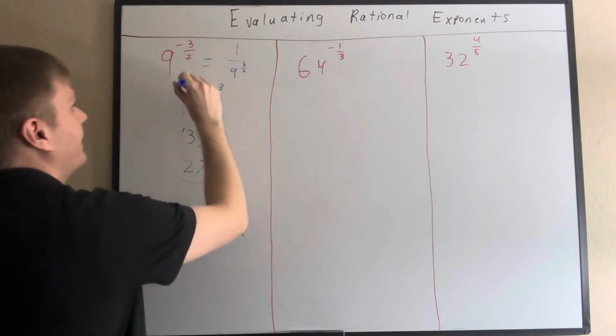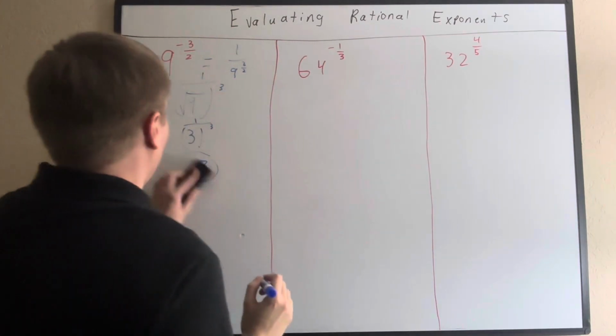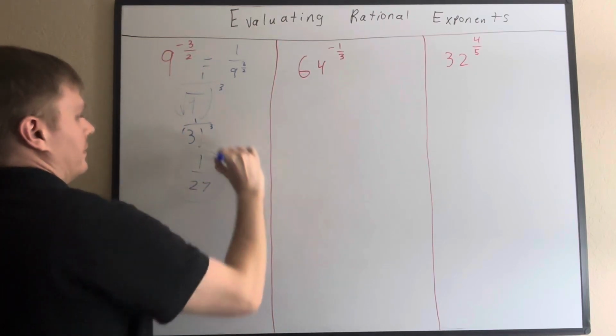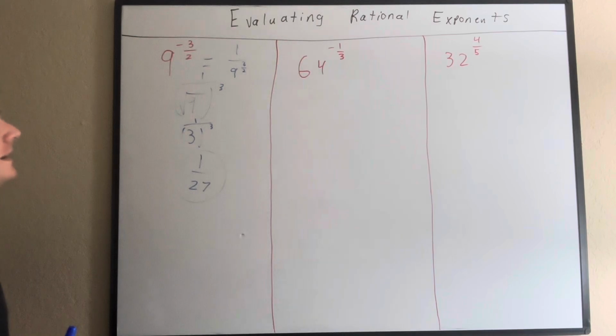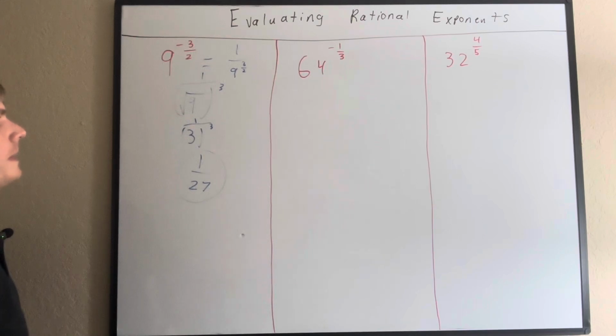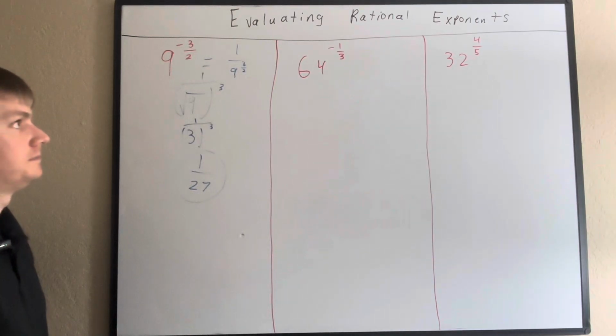But I forgot something. 1 over. It's 1 over 27. Oof. Got myself there. So that negative makes it the reciprocal of what 9 to the 3/2 would be.